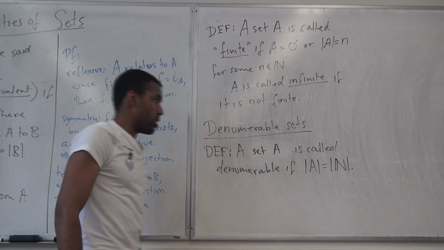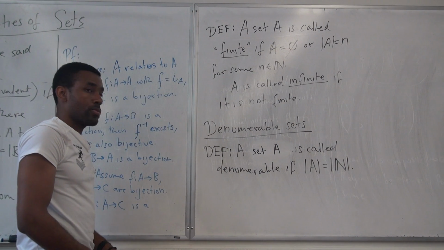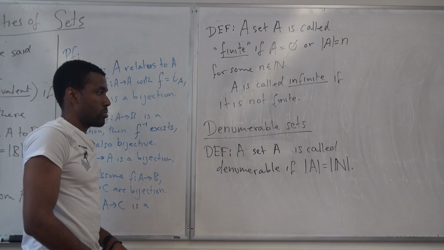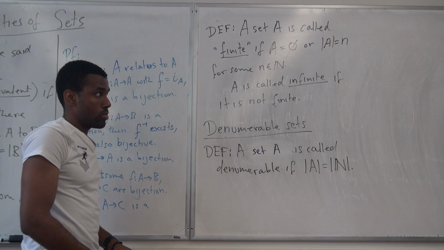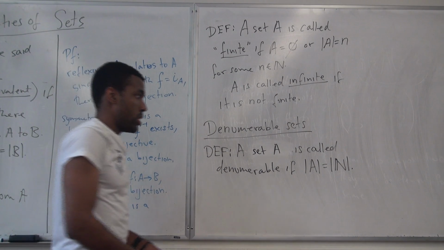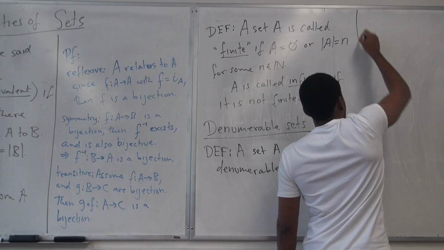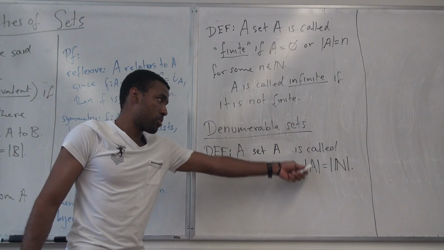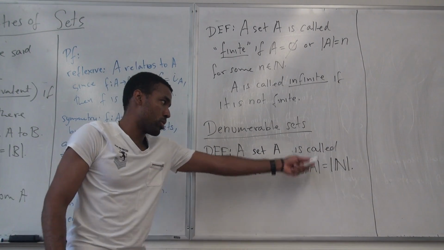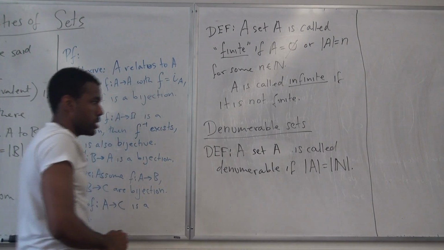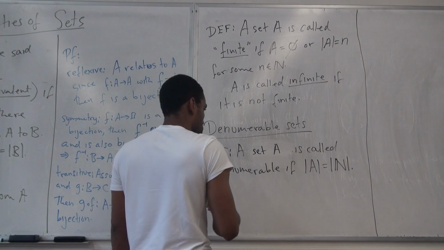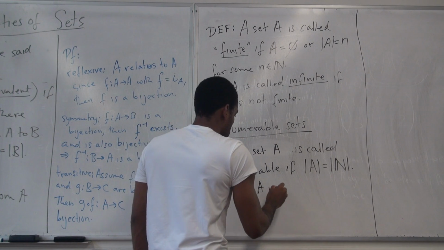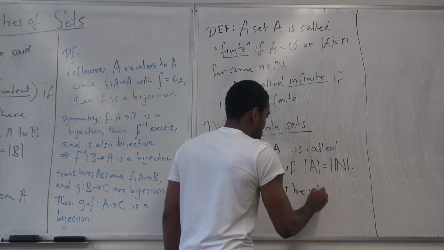The size of A is the size of N. What does that mean is possible? It means there's a one-to-one correspondence from A to N. There's a bijection that goes from A to N, or from N to A. Either case works. So note, A must be infinite.